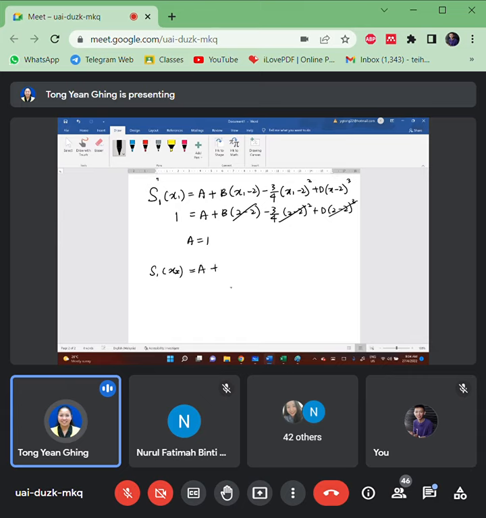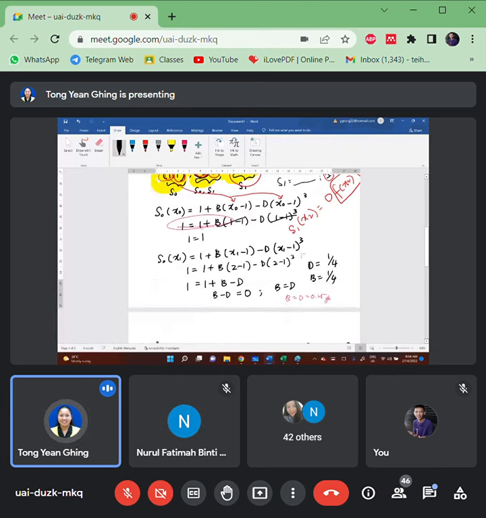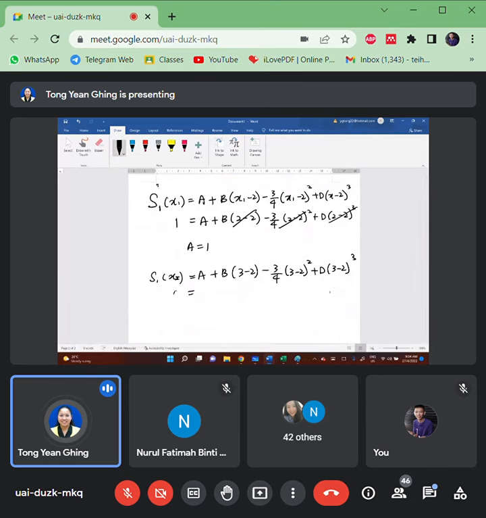X2 is 3, right? 3 minus 2, 3 over 4 (3 minus 2) to the power of 2 plus D(3 minus 2) to the power of 3, where the f(X2) is 0. So this is equal to 0. So check here. Okay, can? Can.